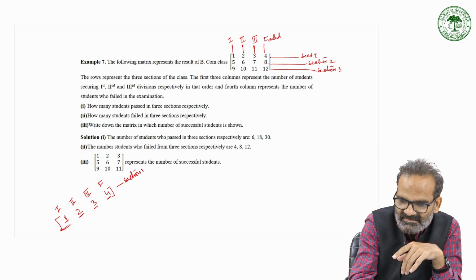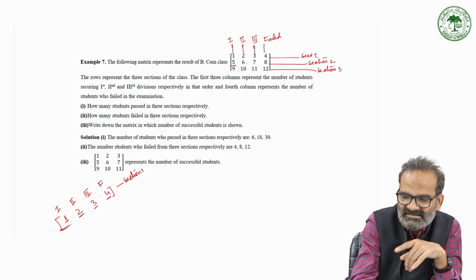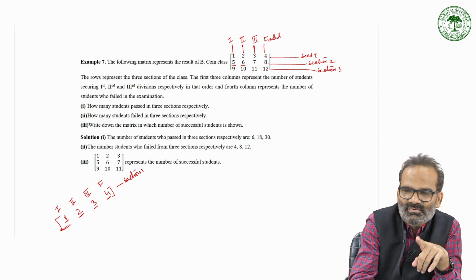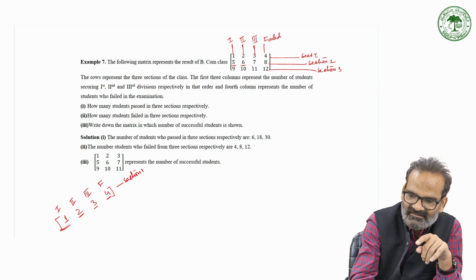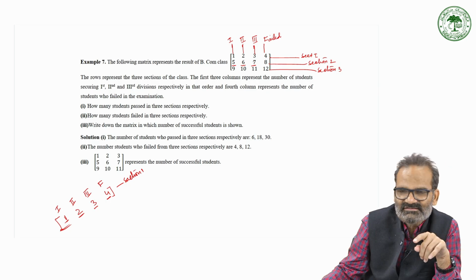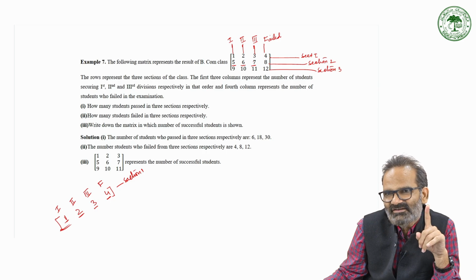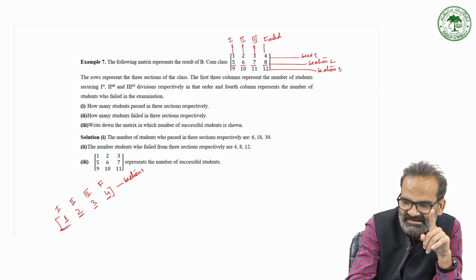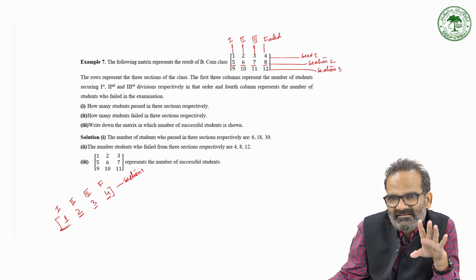Likewise here, there are 5 students in section 2 who secured first division. There are 6 students in section 2 who secured second division, and there are 7 students in section 2 who secured third division, and there are 8 students in section 2 who failed.